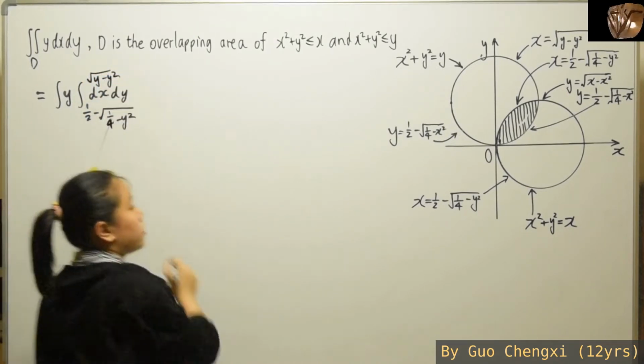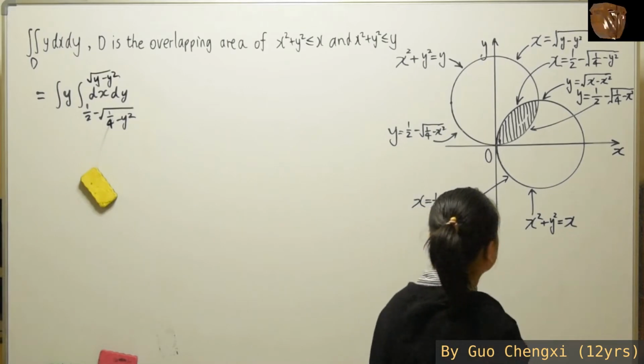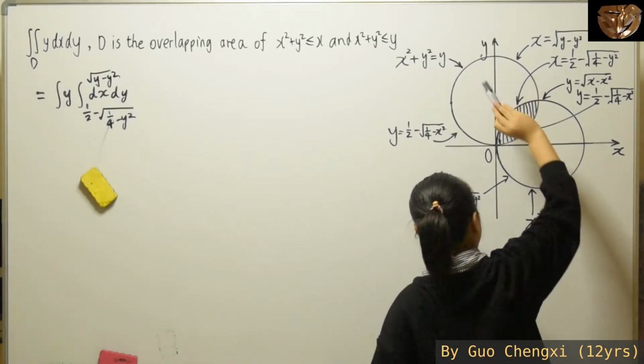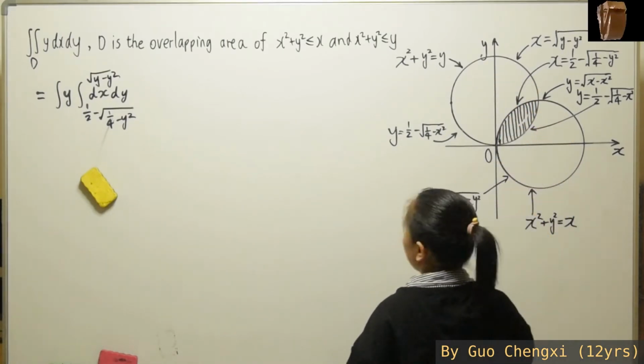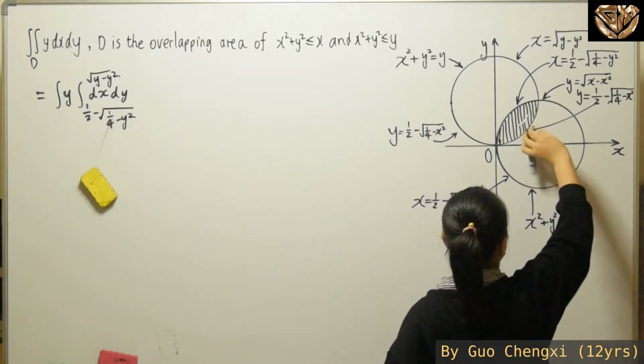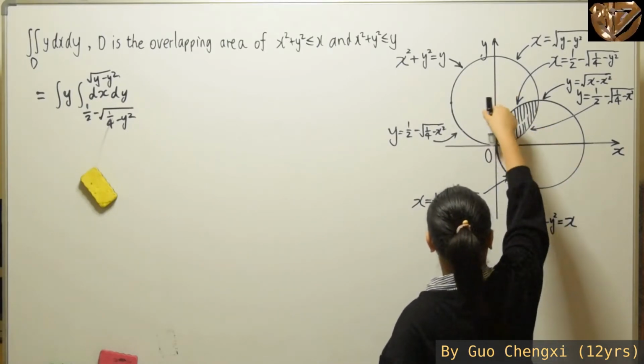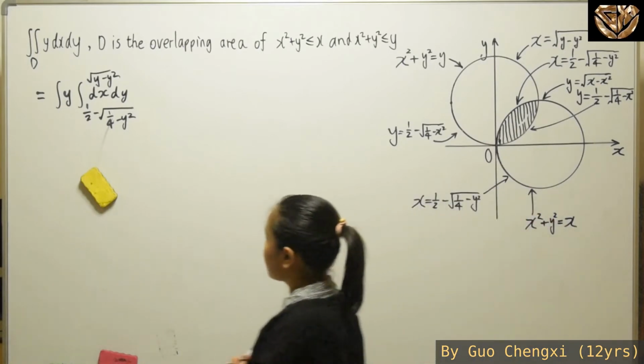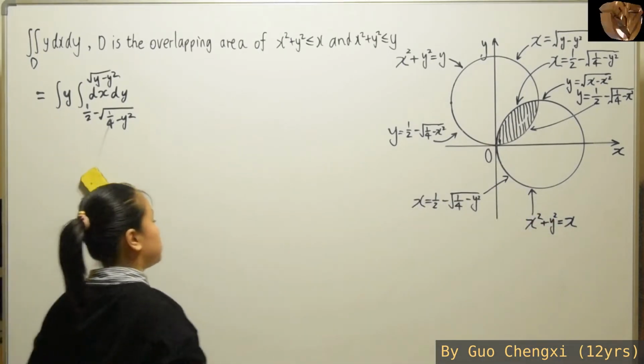So now that we have gotten our boundary for x, which is from this part to this part over here, we'll also have to find the boundary for y.